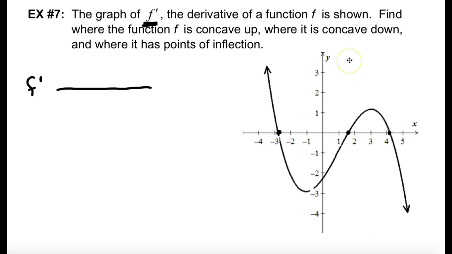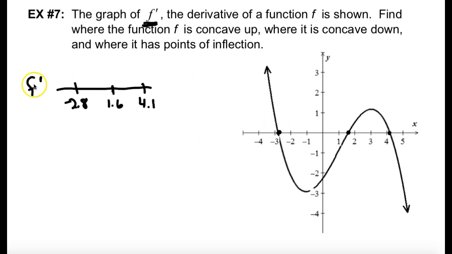So this question does not ask us to do this, but I just want to do this real quick. So I don't know, that looks like negative 2.8, maybe 1.6-ish, and 4.1. So those are my critical values.